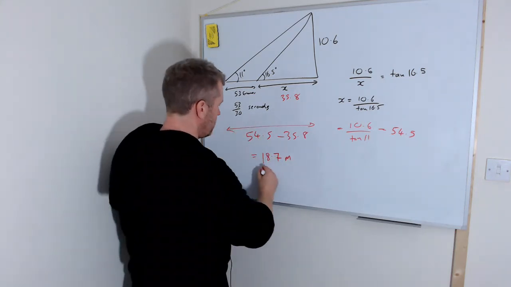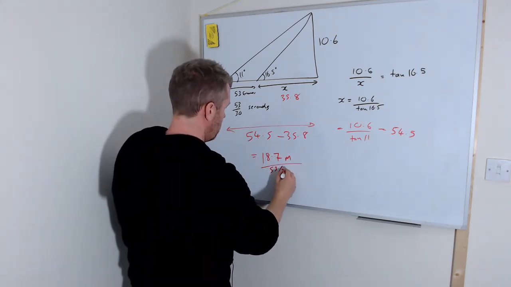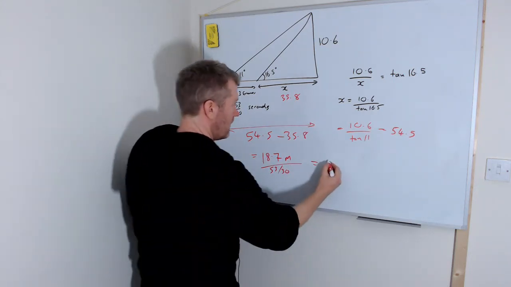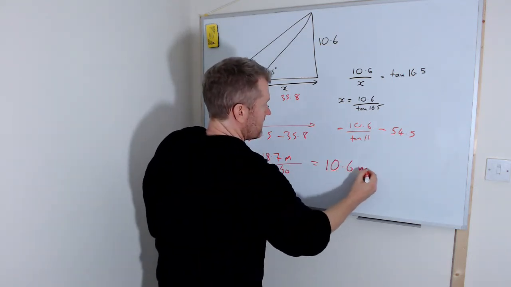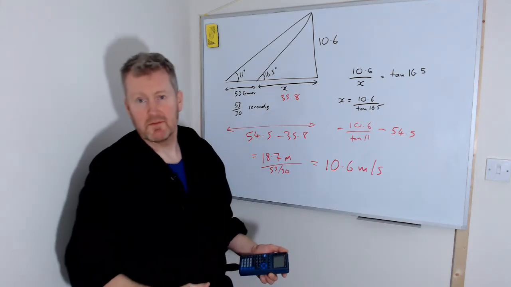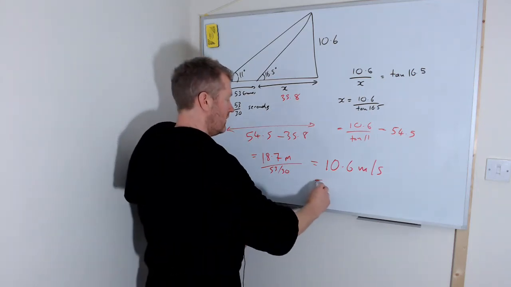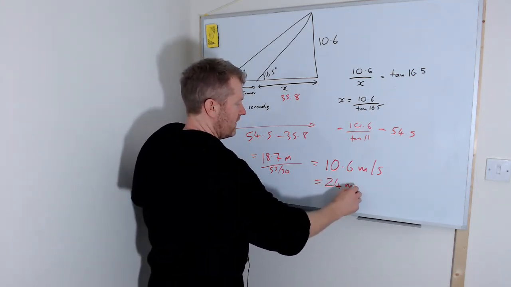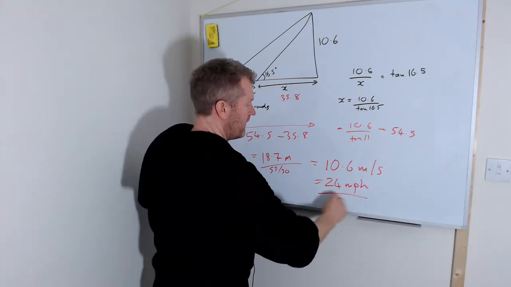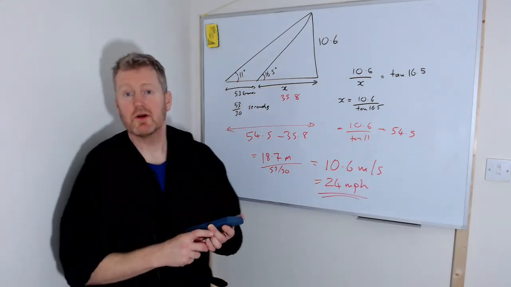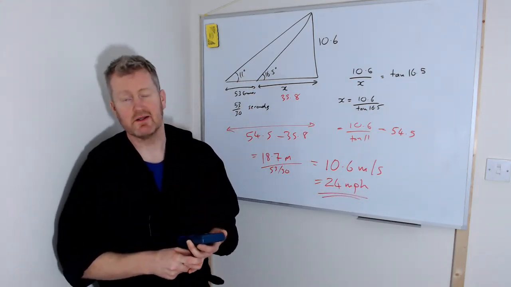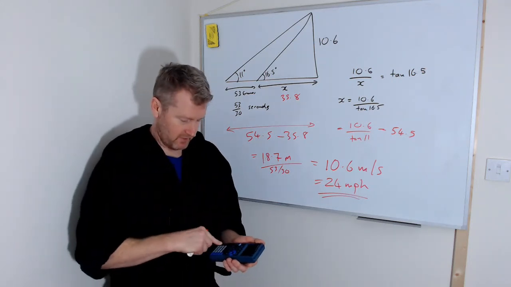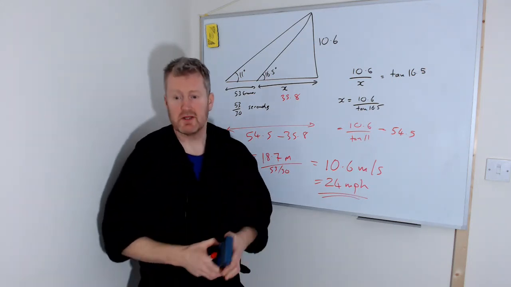We divide it by the time to give us 10.6 meters per second, which, as we worked out before, was 24 miles an hour, give or take. So there's two ways of working it out. One is obviously a lot easier than the other, but as it should, they both gave the same result.